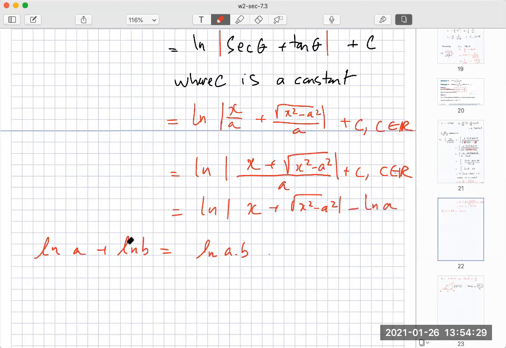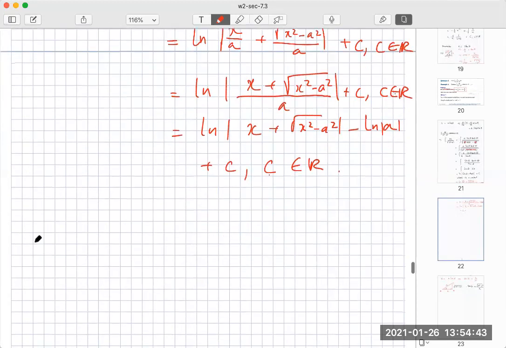Yes, that is even better, right? It's still in the absolute sign, but plus C, where C is in R. Yeah, we used the formula natural log of A minus natural log of B is natural log of A over B. Okay.